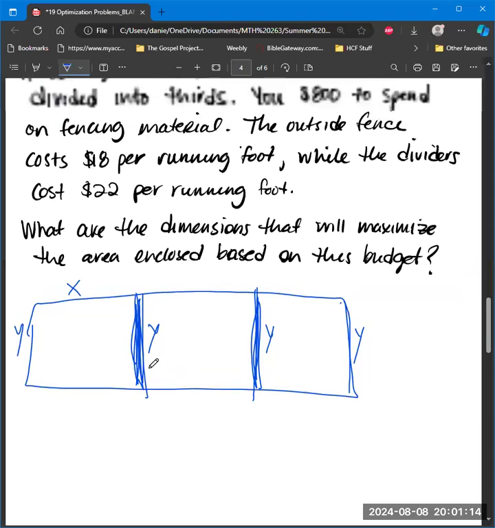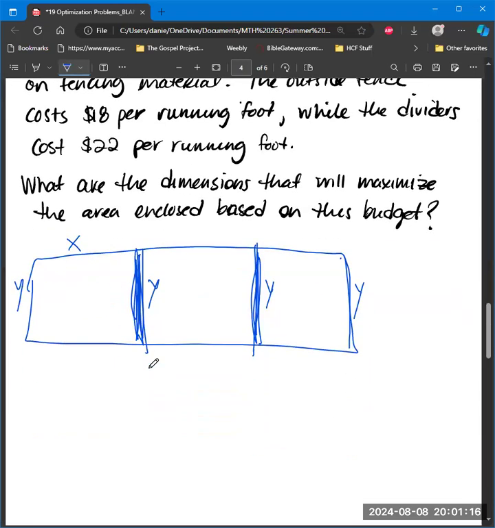So let's actually make all this X. There's no reason to divide it like that.